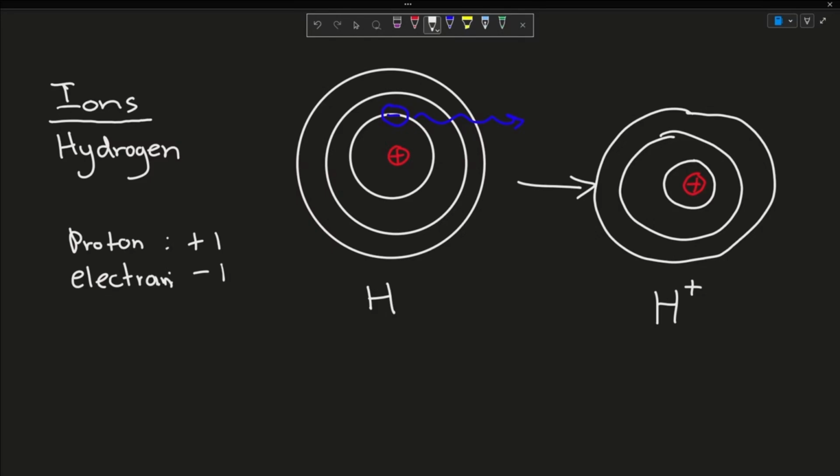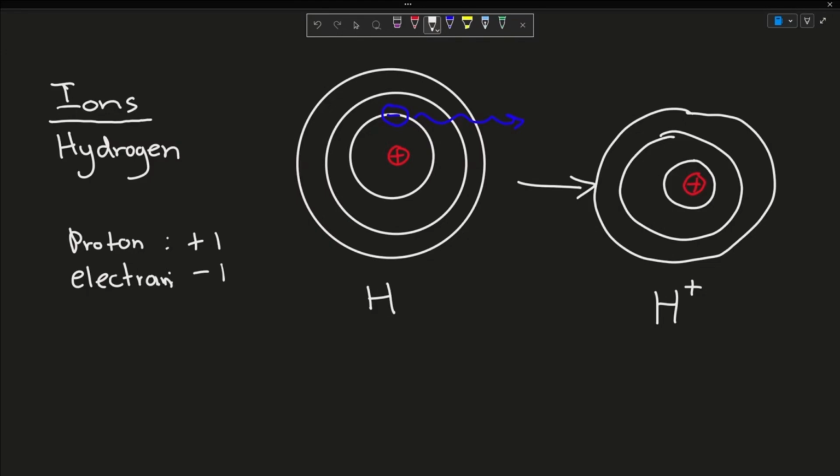These groups of atoms that have an overall charge are known as polyatomic ions, which basically means many atoms, and the overall thing is an ion. But we will discuss them in later videos because they are not super important right now.